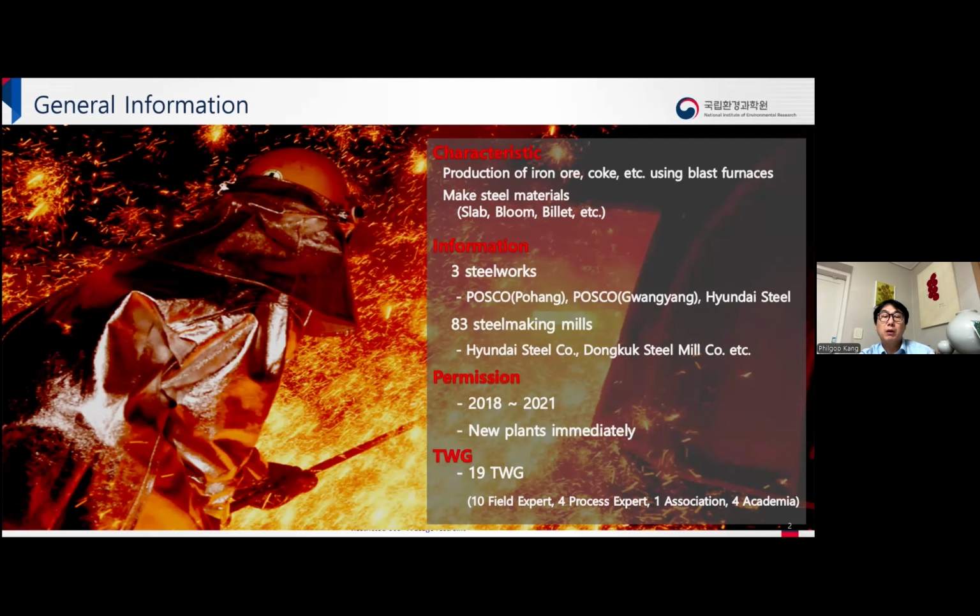Also, we published our second version of the BREF last year. So one major change in the second version of the K-BREF is that we added around 30 emerging techniques from the POSCO company in Korea. Also, our TWG members number 19 in all. Next, please.